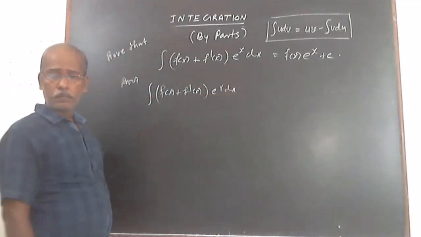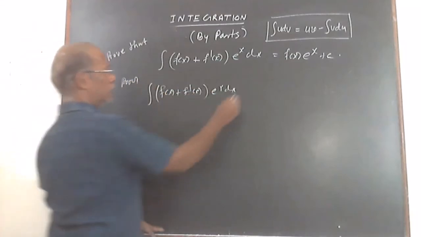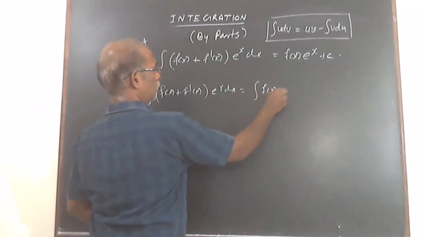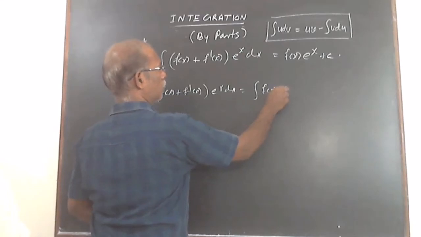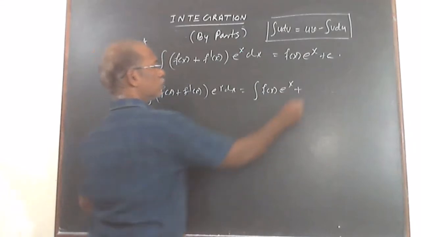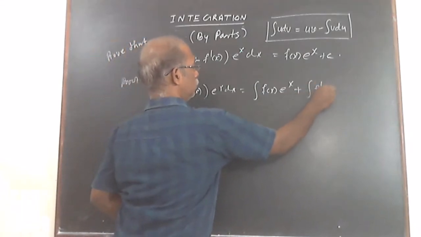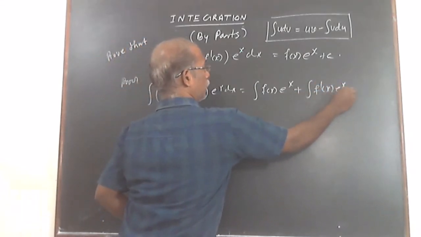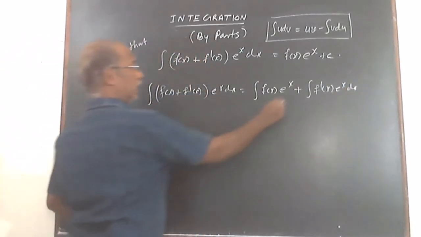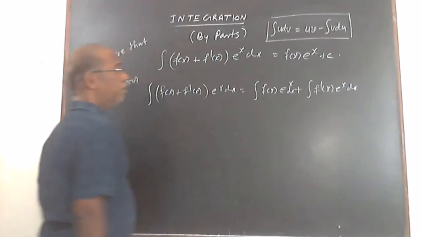Dear student, let us separate LHS: integral of f of x into e power x plus integral of f dash of x e power x dx. The dx should be added.